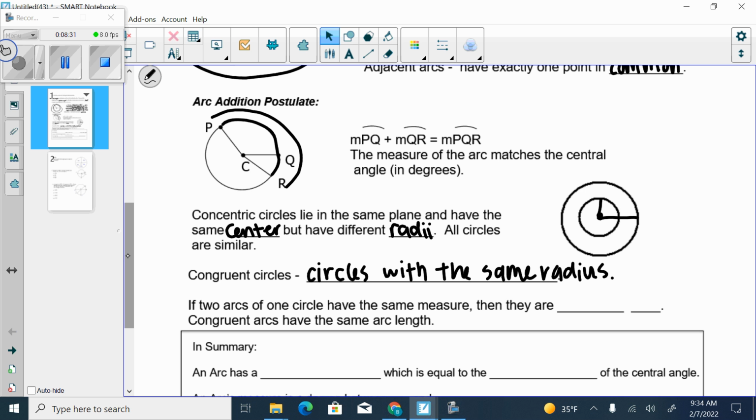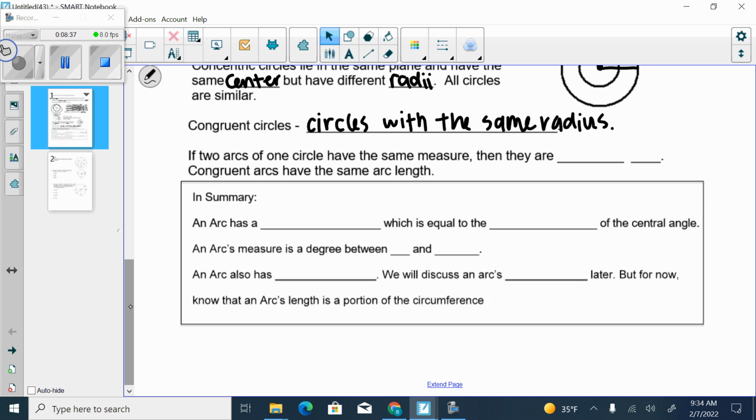And if two arcs of one circle have the same measure, then those arcs must be congruent arcs. And congruent arcs will have congruent arc lengths.